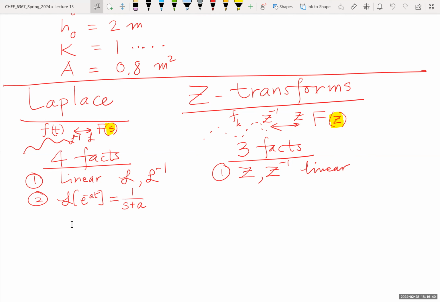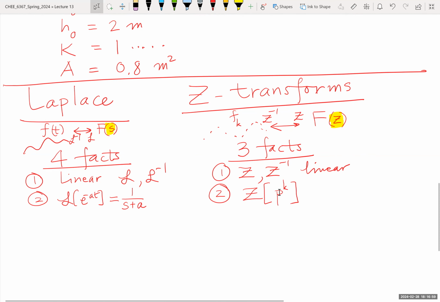Well, it's the same with Z transforms. It's actually a simple idea, of the same nature, namely the Z transform of P to the K, because K is time now and it is discrete, right?